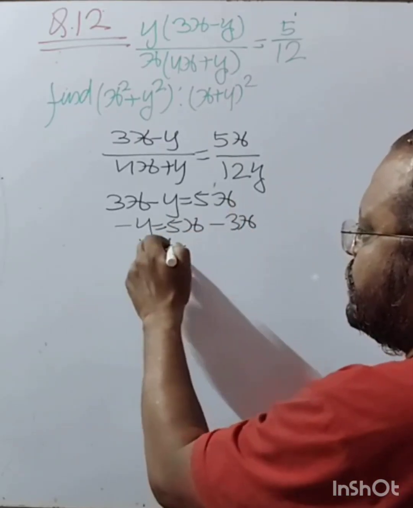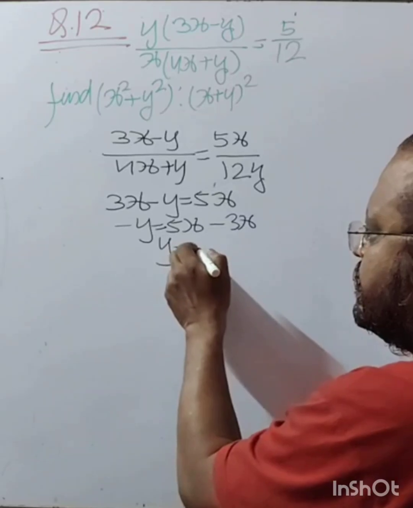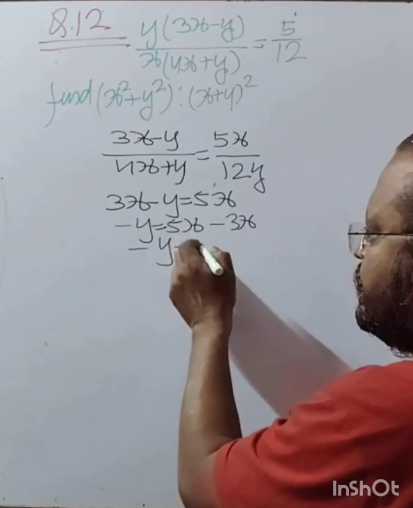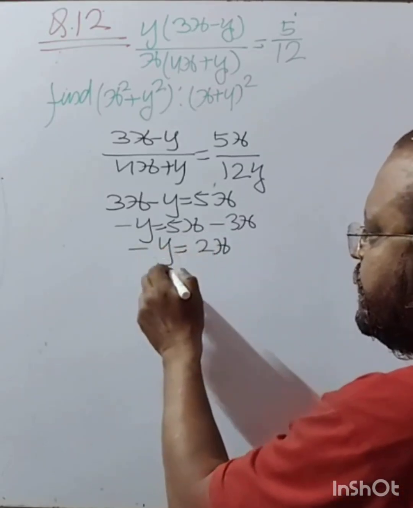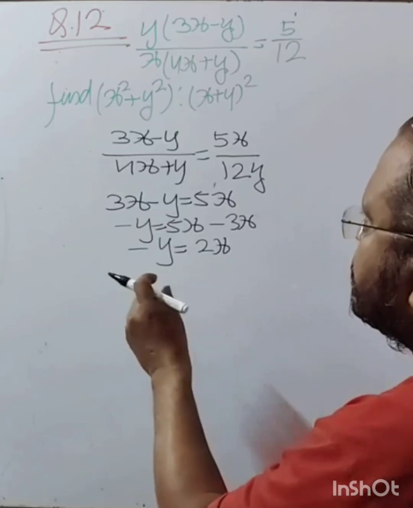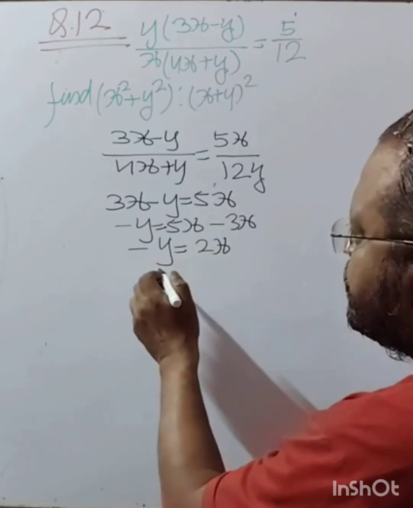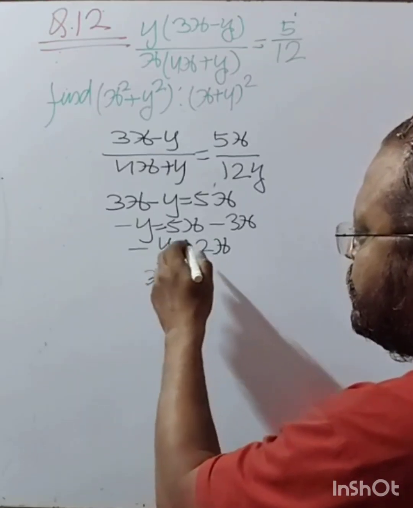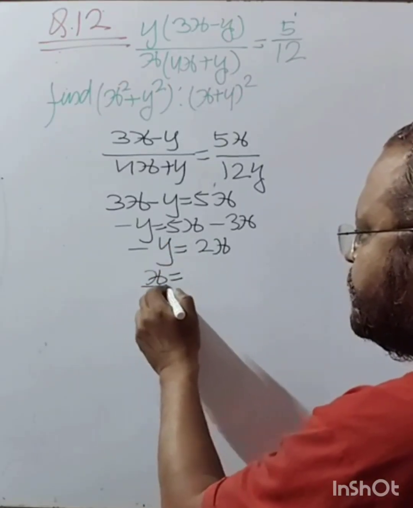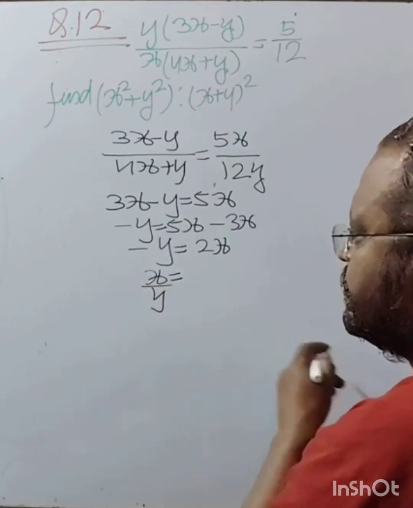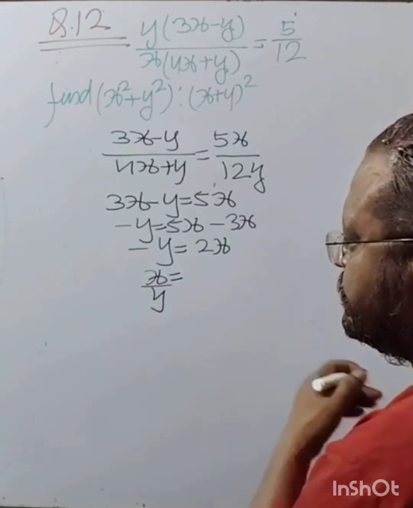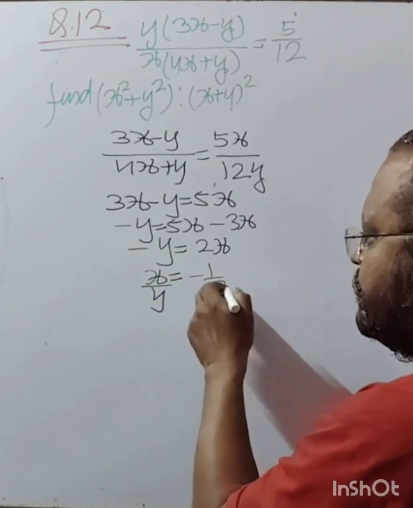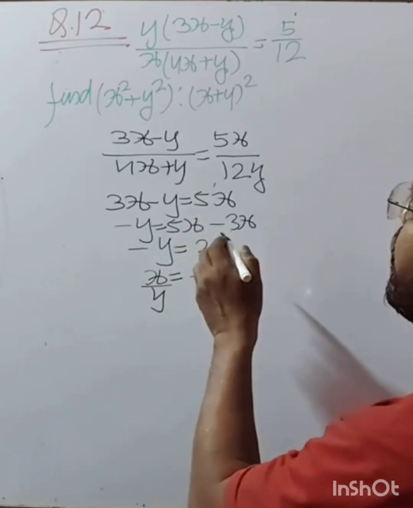So minus y is equal to minus 2x, right? So you get x upon y is equal to minus 1/2. Okay.